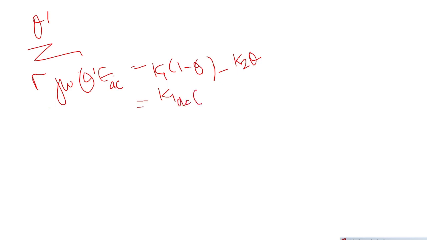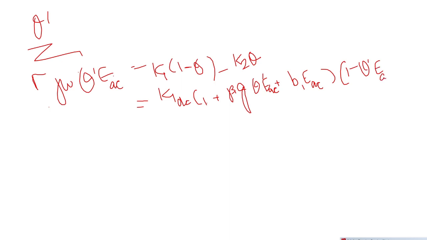Now I'll substitute for k1 and k2. It becomes k1 dc plus beta 1 j theta dash E_AC plus B1 E_AC into one minus theta dash E_AC minus theta SS.